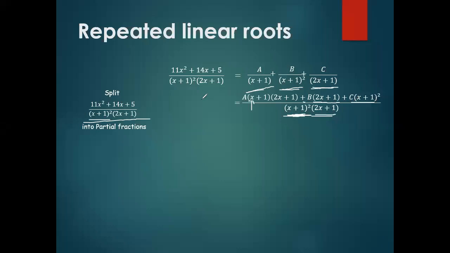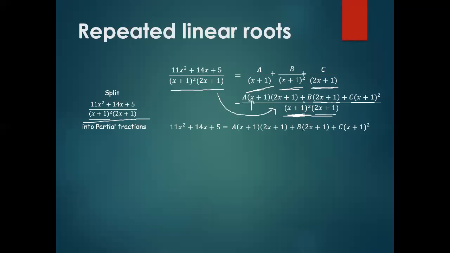Okay, good. So then the next stage is we know that the denominator here is equal to the denominator here, which means that the numerators will be the same. So then we can write the expression, and first of all, let's try using our usual method to eliminate.